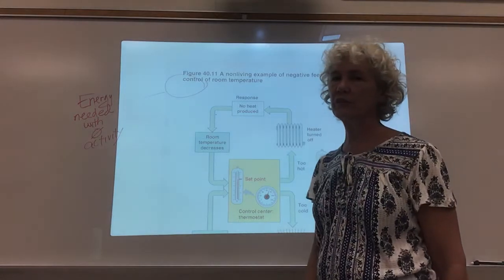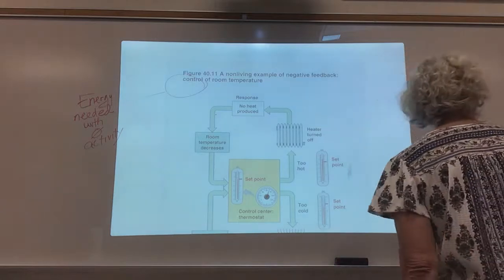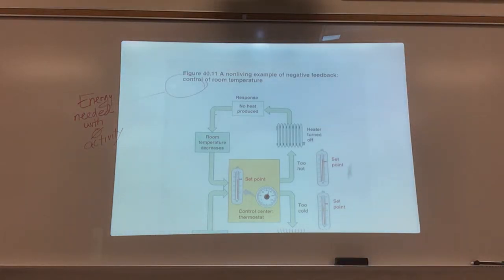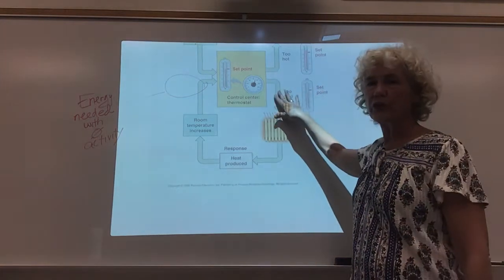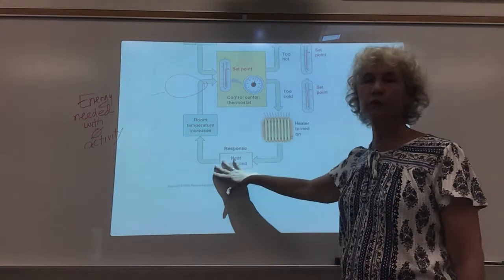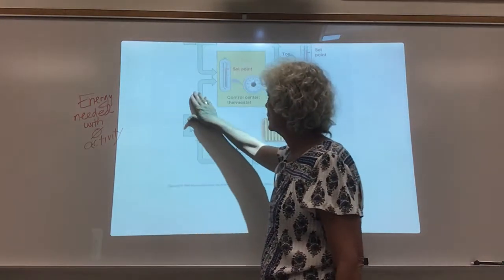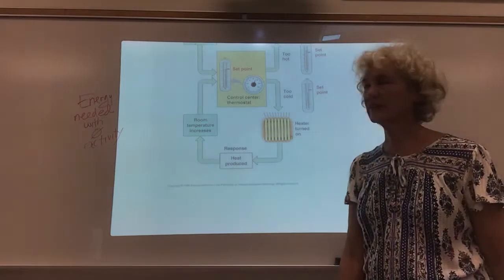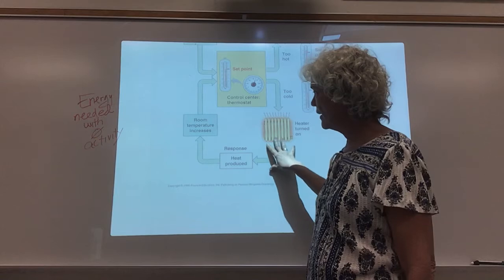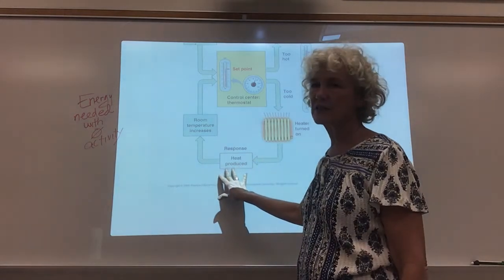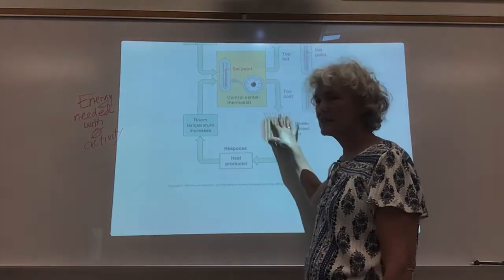You can also do it the other way. In other words, this side, it gets too cold. It gets too cold, you turn the heat on, heat is produced, room temperature increases. But all of these are called negative feedbacks. In other words, if I have something happening and then the response is it slows down, then that's going to turn on the thing that makes that something happening.